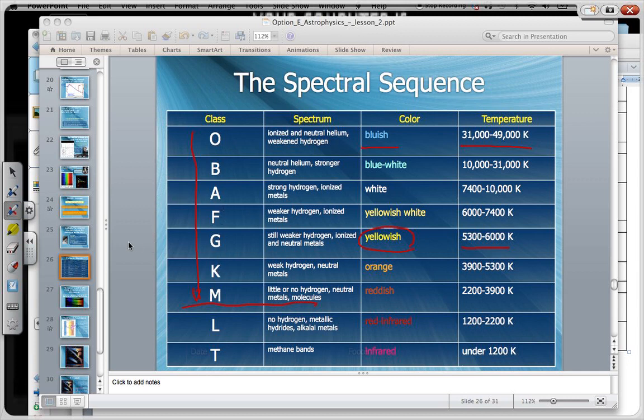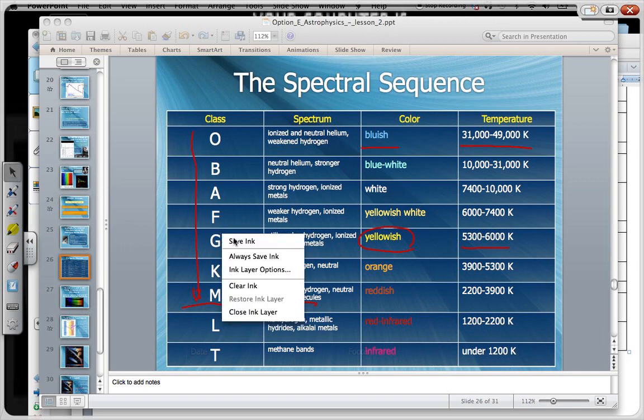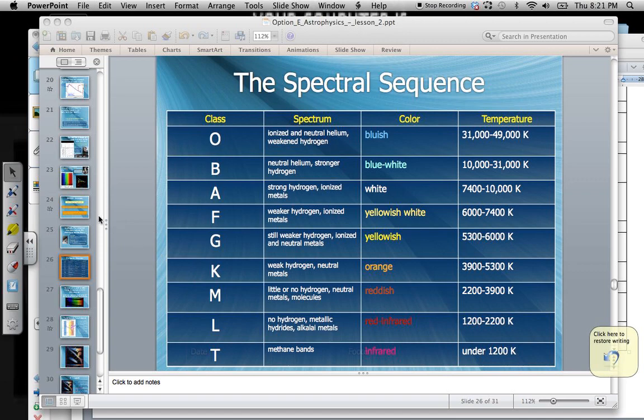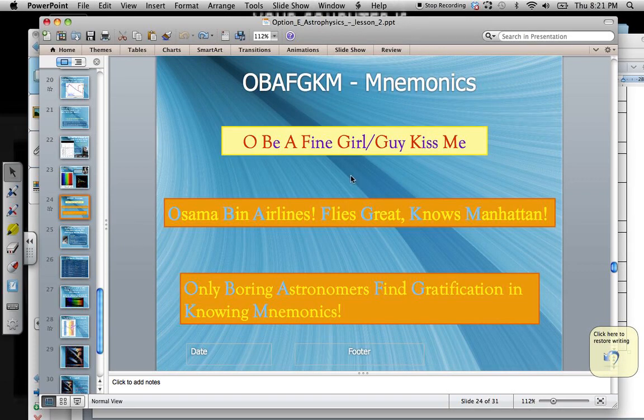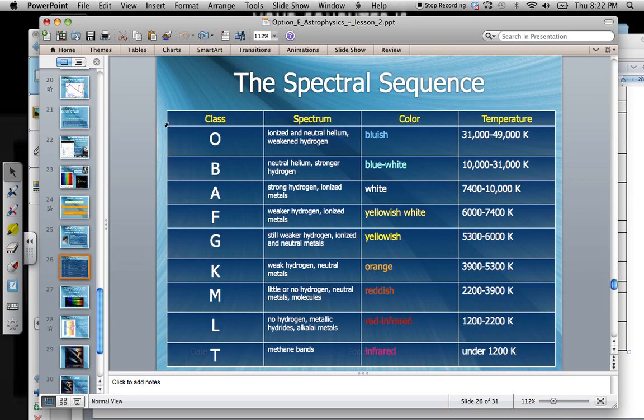We have some easy ways of remembering these, as you would have seen. If I go here, oh, be a fine girl, guy, kiss me, and some that are not all that culturally sensitive. So you can use these, but it is important you need to know this table.